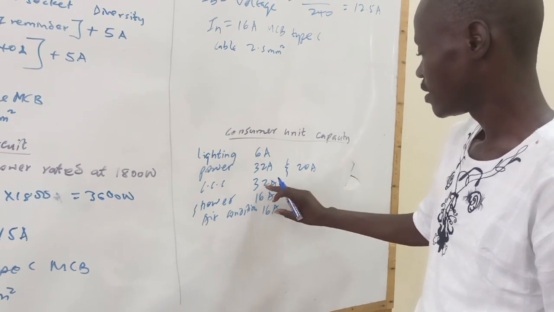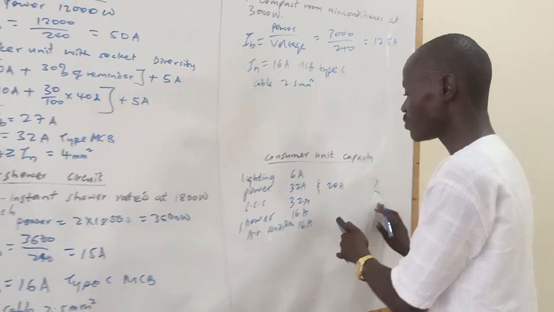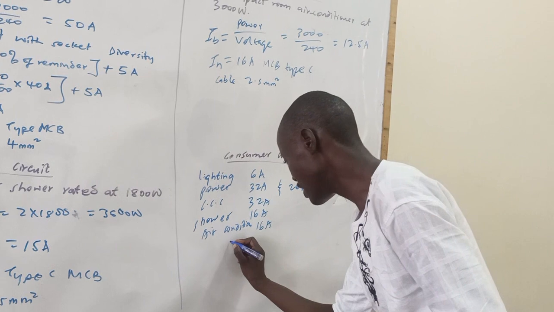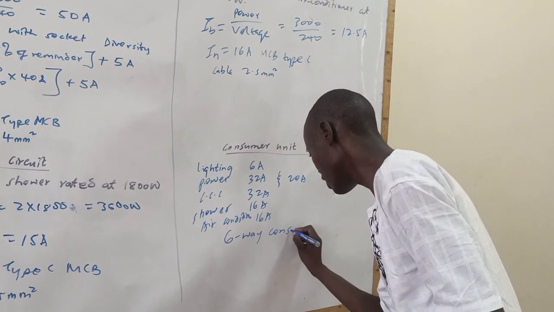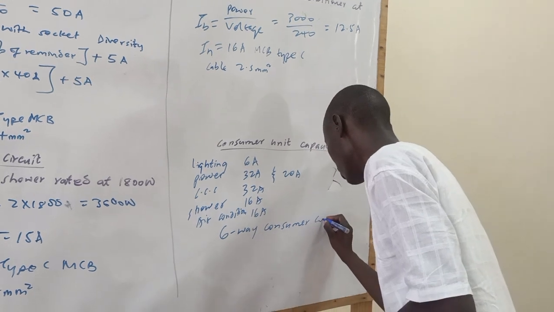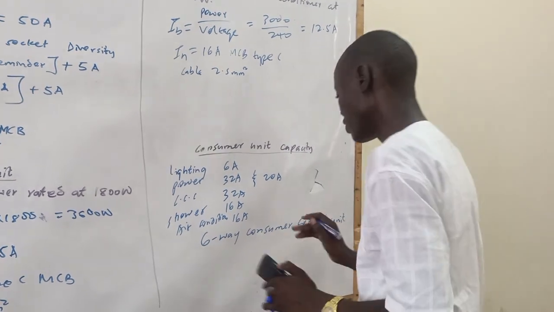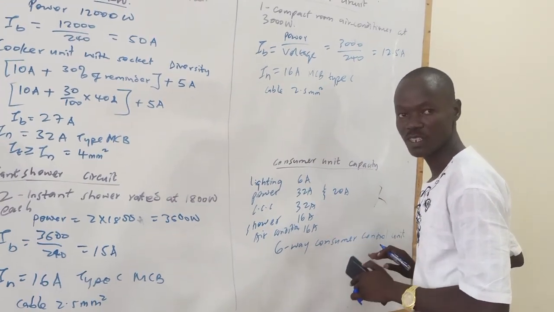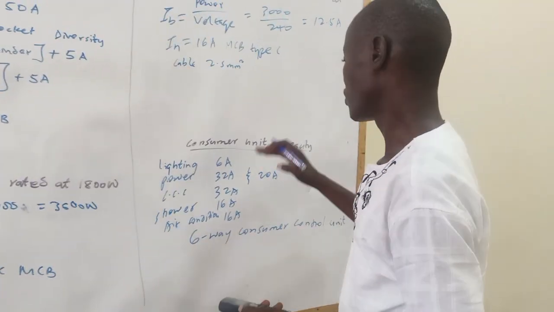So these are 6 circuits. So our consumer unit, before we even go and proceed with the main circuit breaker, we know that we need a 6-way consumer control unit. So when you're going for the one, you're going for 6-way consumer control unit. Anything beyond there, you'll be going for a distribution board. So that's how it is.